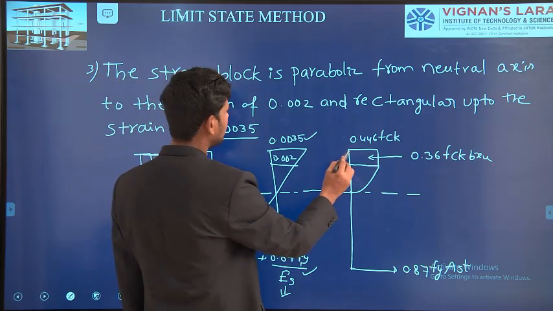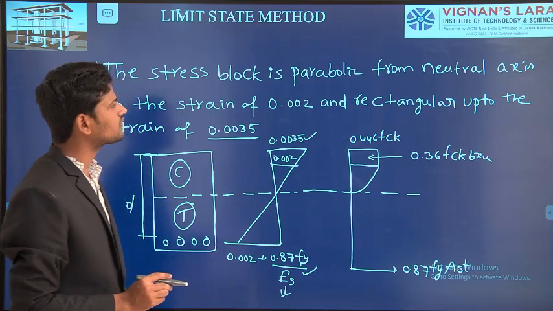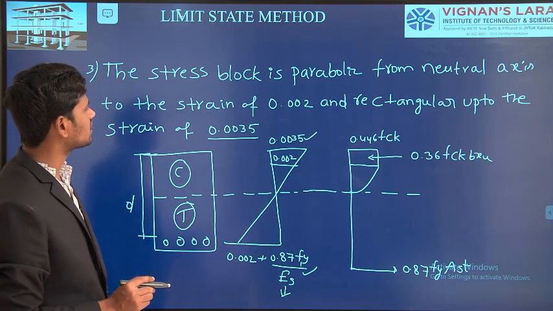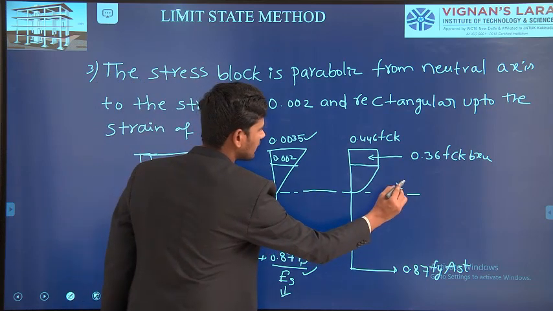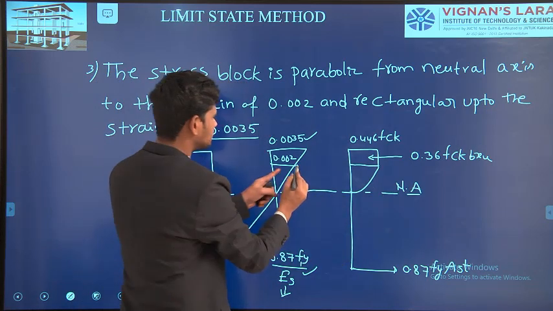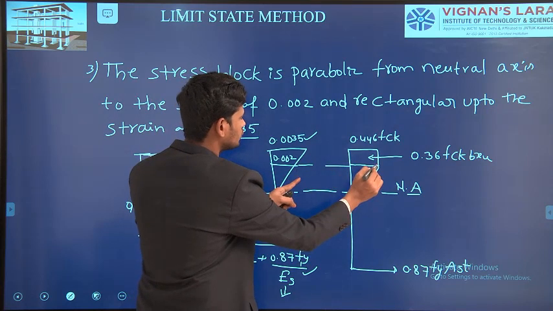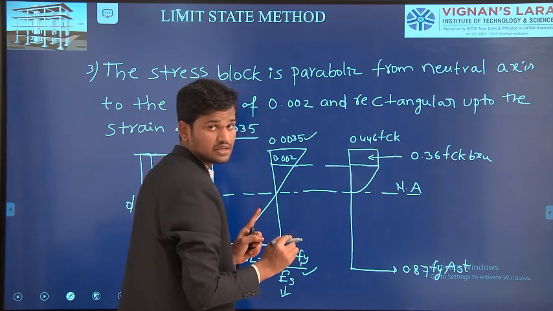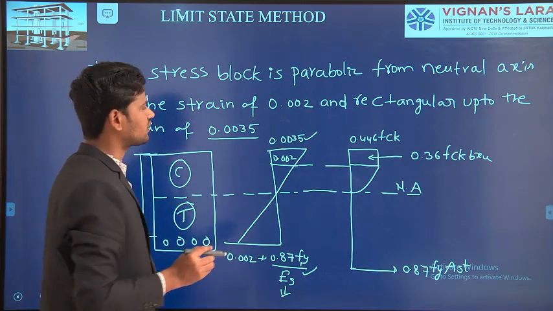And if you observe the assumption here, the stress block is parabolic from the neutral axis to the strain of 0.002. This is our neutral axis. From the neutral axis to the strain of 0.002 the stress block is parabolic, as given by IS 456.